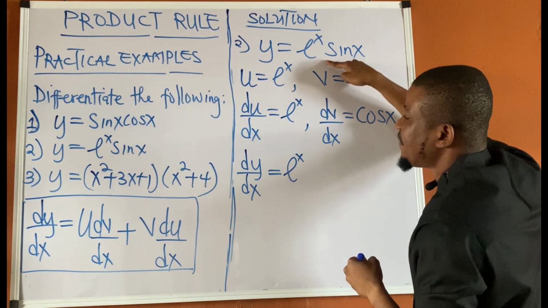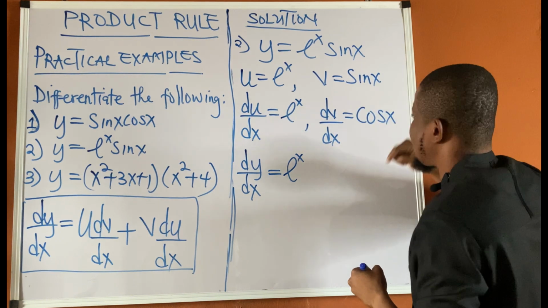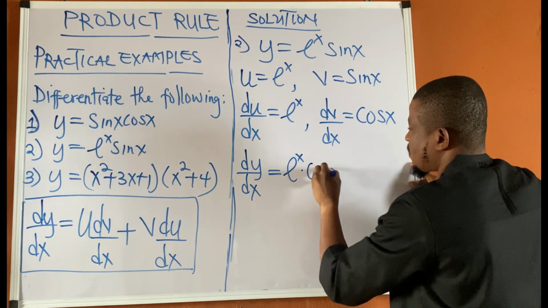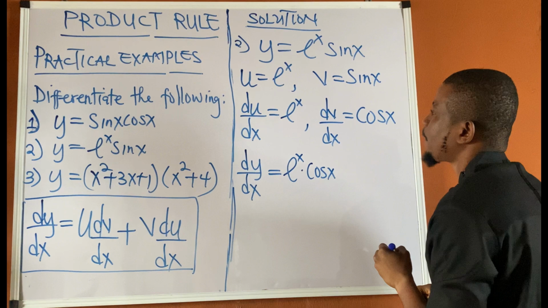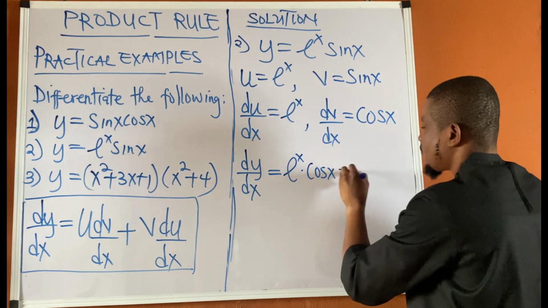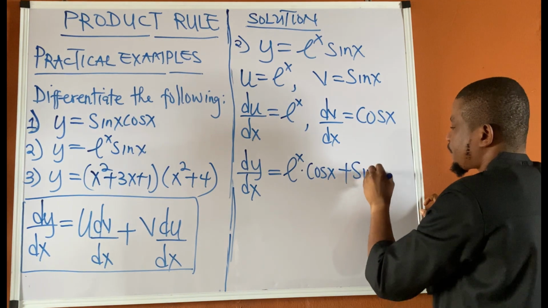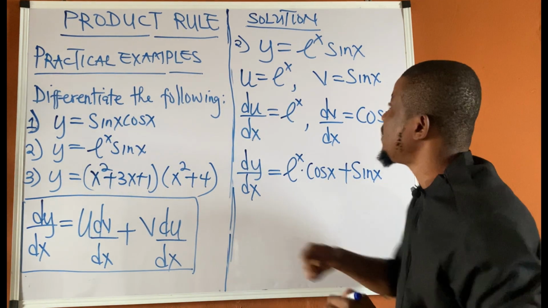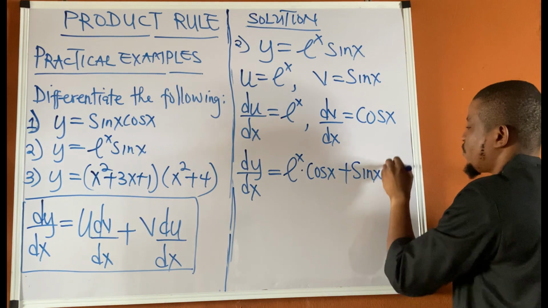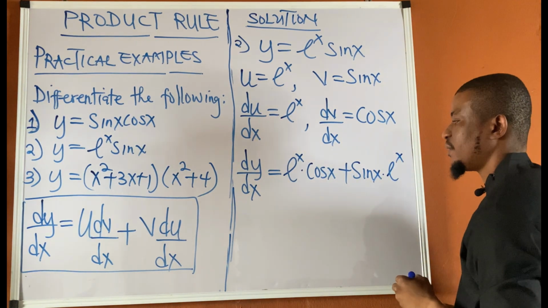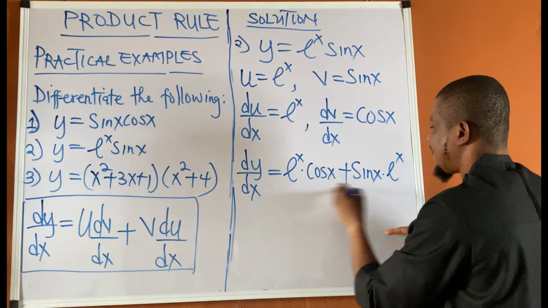And then the derivative of the second term, dv dx, is cos x. Then there is a plus. Then v here, v is sine x. And then du dx. du dx is exponential x. So here, this is my dy dx.